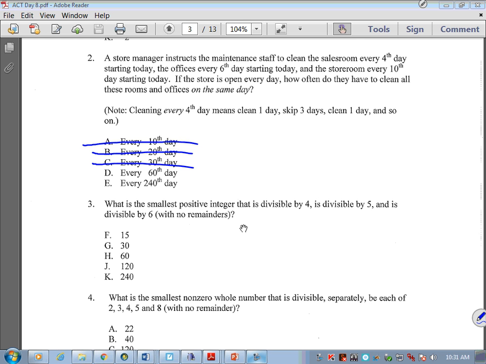It goes in. Does 6 go into 60? Obviously it does. Does 10 go into 60? Obviously it does. Now, 240 isn't wrong, but we're looking for the very first time. Now, this note that they give you, cleaning every 4th day, means 1 day, skip 3 days, 1 day.